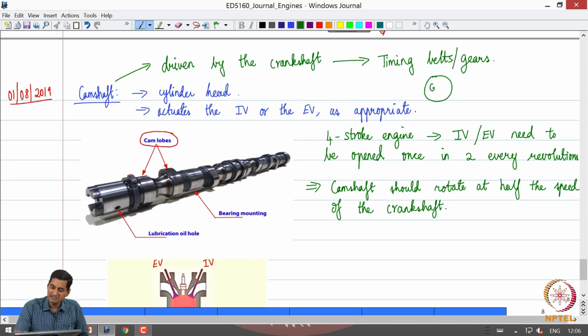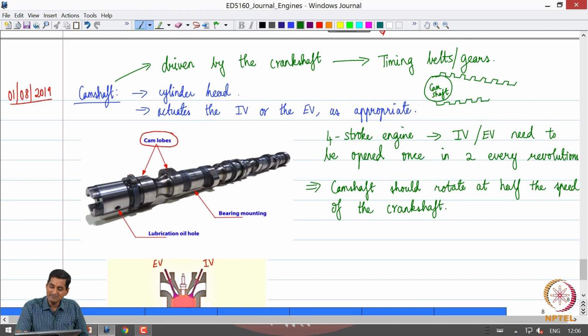Okay. So let us say this is the camshaft. What happens with a timing belt is that the timing belt is a belt which has these grooves. It is just like a gear tooth, but it is flexible, right. So this is the timing belt.